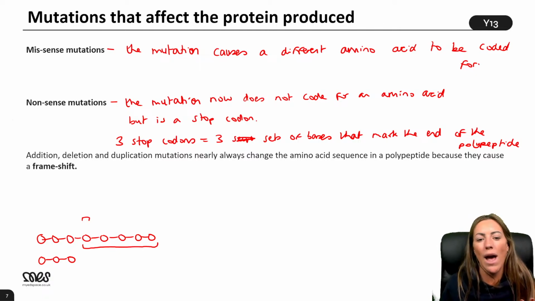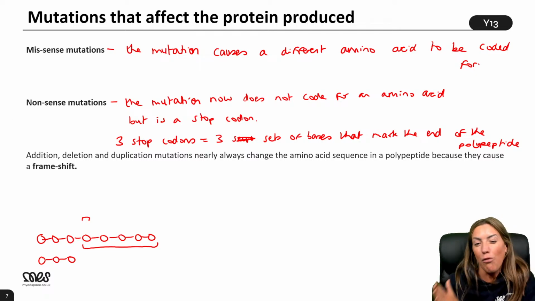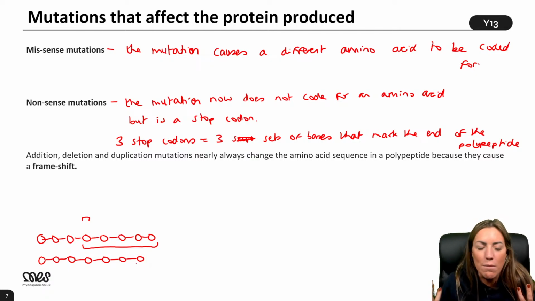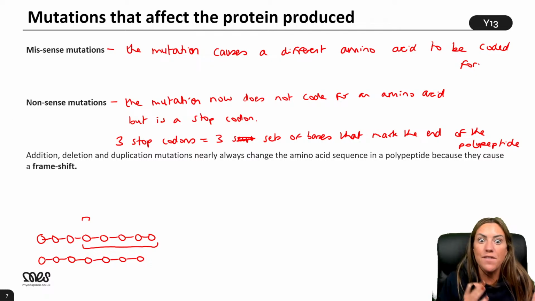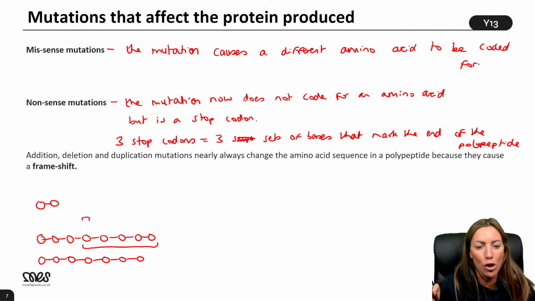I suppose it depends where the mutation is though. Think about it like this. If that mutation is right near the end anyway, it might not have as big an impact. Like if the mutation was further along, then the polypeptide might only be 1 or 2 amino acids short. Might not have a big impact. But if the mutation is very early on, and the polypeptide ends up way shorter than it was meant to be, that protein is not going to be able to function, whatever it is.